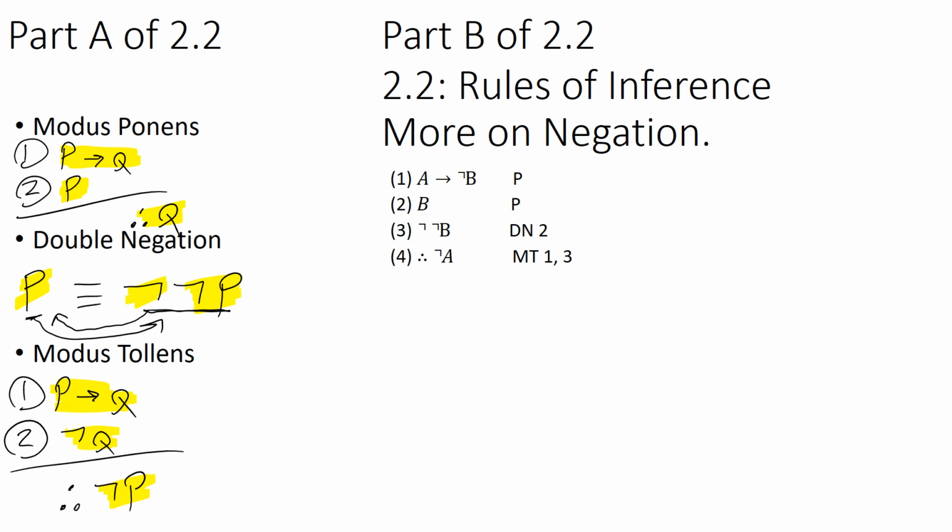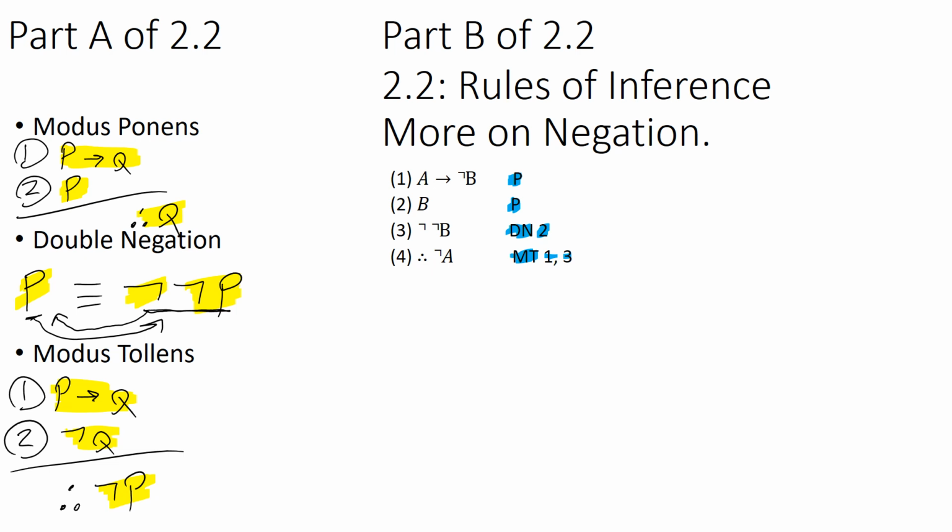It may be, for example, just a premise, so it's justified as being a given premise. For example, sentences 1 and 2 are premises, and generally speaking, the other lines will be justified through some rule of inference, such as double negation. So sentence 3 is justified through double negation on line 2. Line 4 is justified through modus tollens with lines 1 and 3.